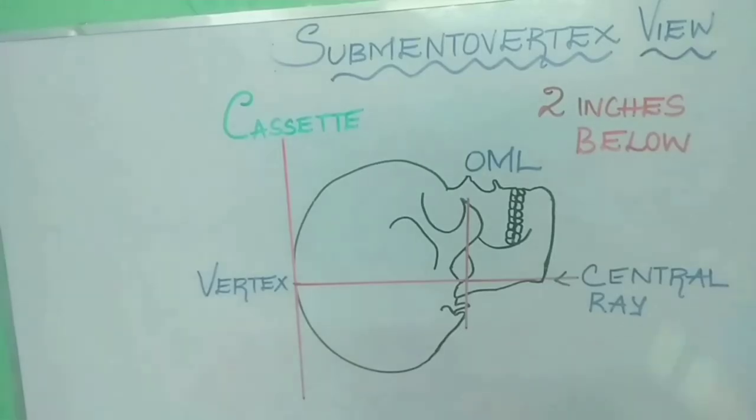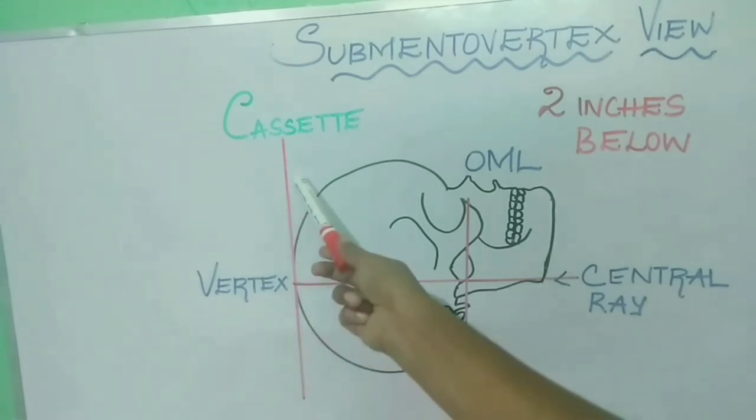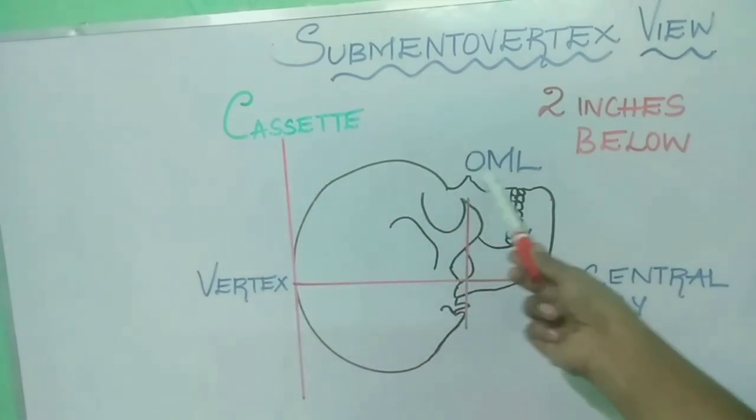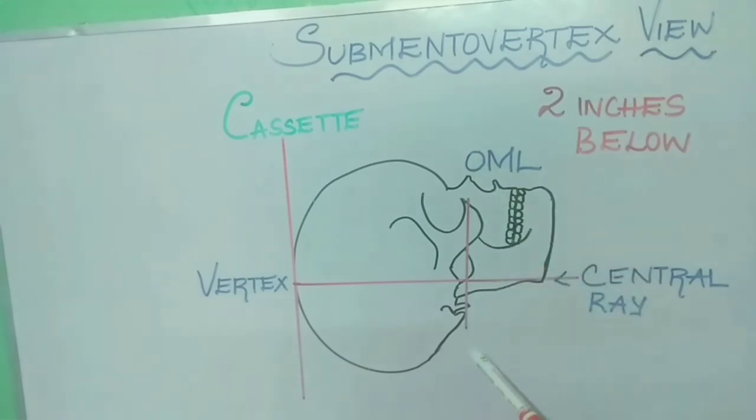The patient should be placed in sitting position with the head extended as far back as possible. Vertex of the skull should be at the center of the film. Orbitomeatal line should be vertical and it should be parallel to the film, whereas mid-sagittal plane should be perpendicular to the film.